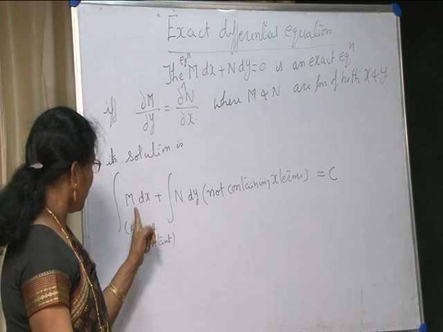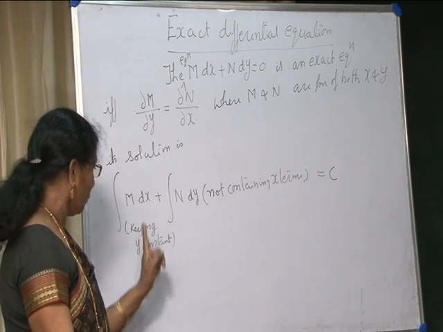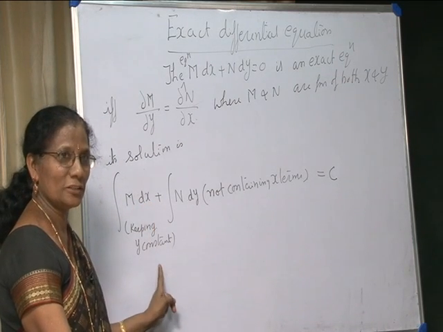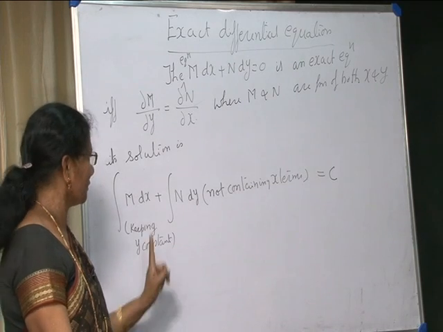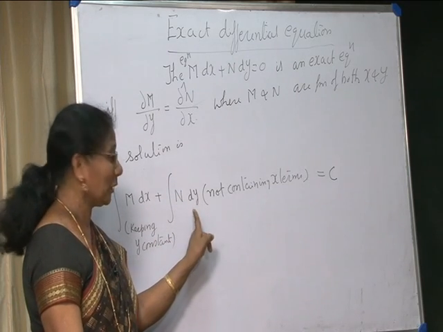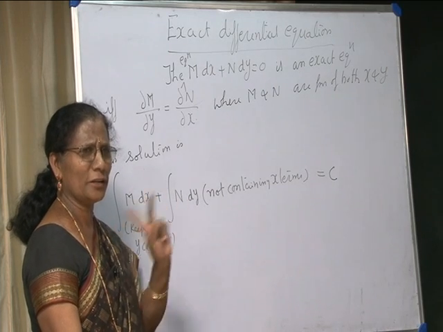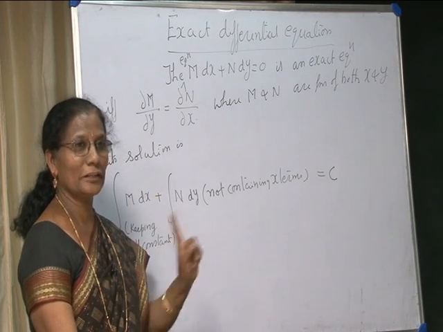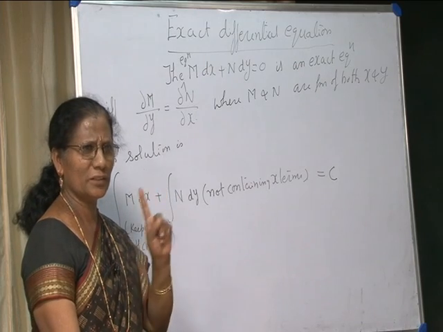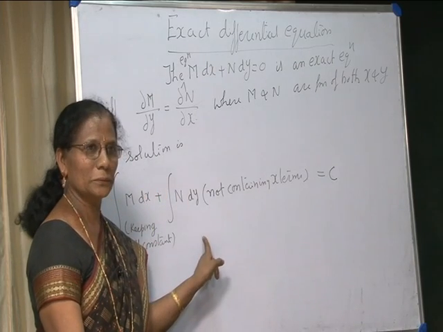See, integration of M with respect to x keeping y constant. Y is a constant here. Integration of N with respect to y, but here we have to integrate only the y terms and constant terms, not containing the x terms. Whatever x terms there are, we should not take them.